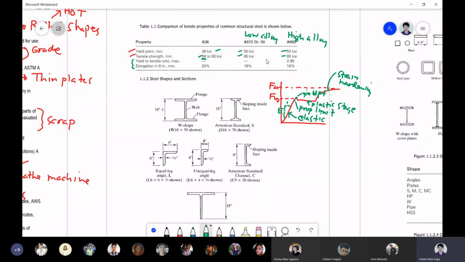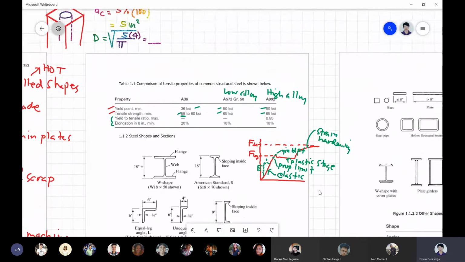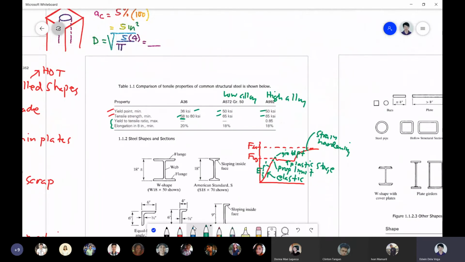Okay, basically what is steel? Steel is made up of carbon and iron. Okay. So it is made up of carbon and iron, and of course some other elements like sulfur, phosphorus, okay, which are also inherent in carbon.